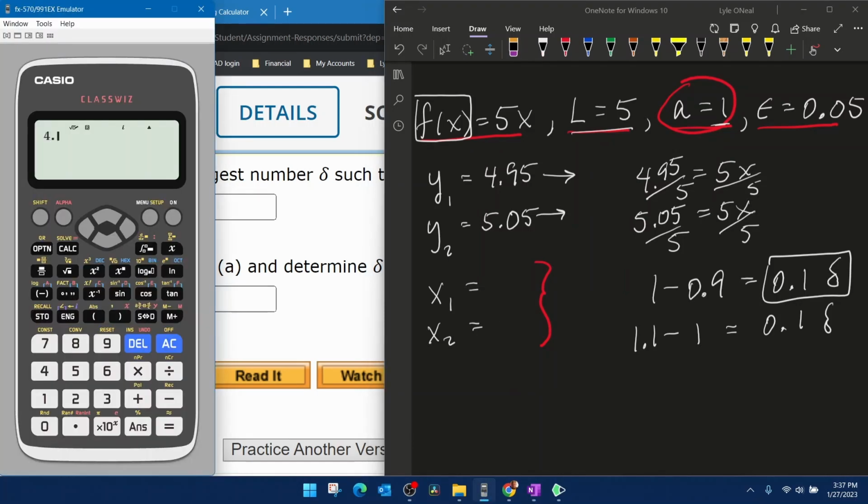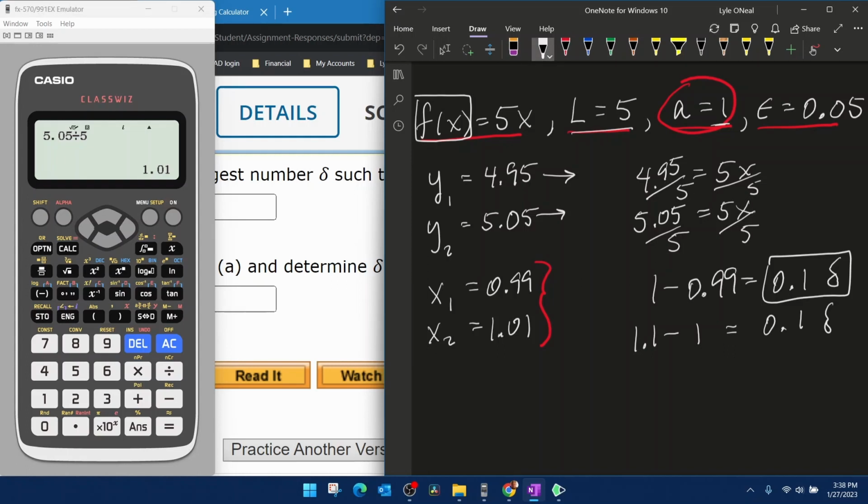Here we go, 4.95 divided by 5 as a decimal is 0.99, and then 5.05 divided by 5 is 1.01. With these calculations, 1 minus 0.99 is going to give us a delta of 0.01.